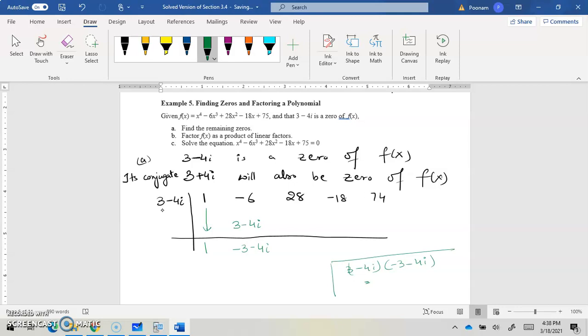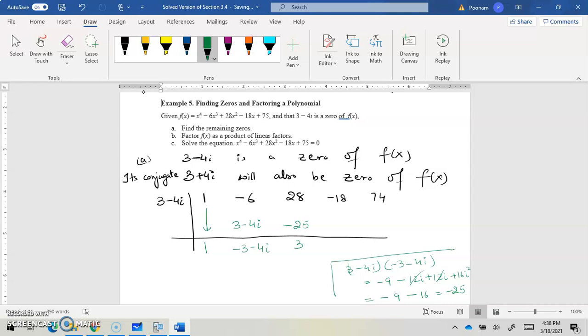You can distribute. It will be negative 9, negative 12 iota plus 12 iota plus 16 iota square. This cancels. Negative 9. Iota square is negative 1, so it is negative 25. So this number here is negative 25. Add, we will get 3.